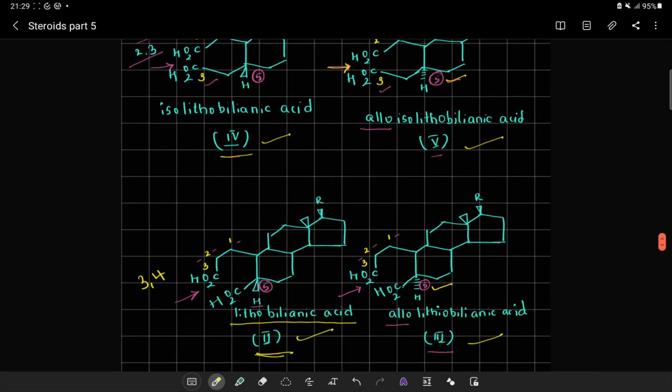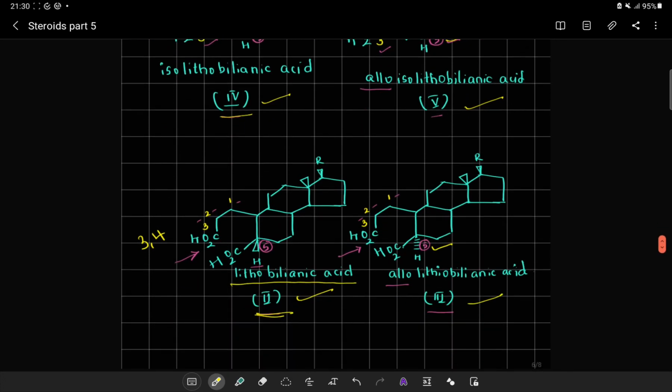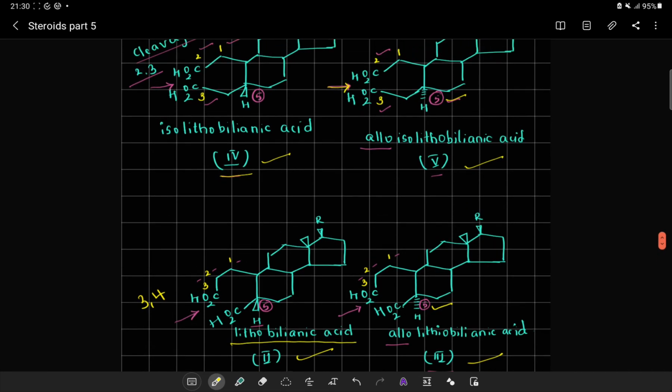Both compound 4 and compound 2 could be synthesized from the natural bile acid called lithocholic acid. That means these two compounds could be synthesized from natural products in the bile system, called lithocholic acid.